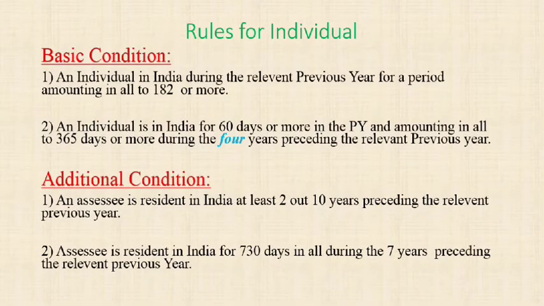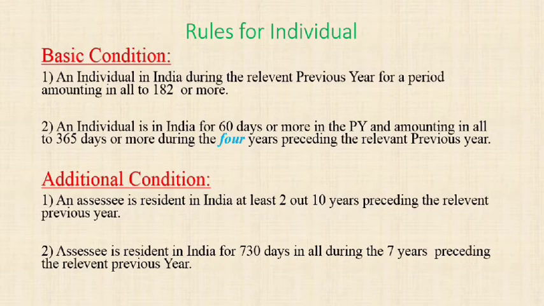To find out the residential status of an individual, we have to apply two conditions. One is the basic condition, another one is the additional condition. In the basic condition, there are two conditions. Let's see one by one. The first condition is that the individual is in India during the relevant previous year, staying in India for 182 days or more.